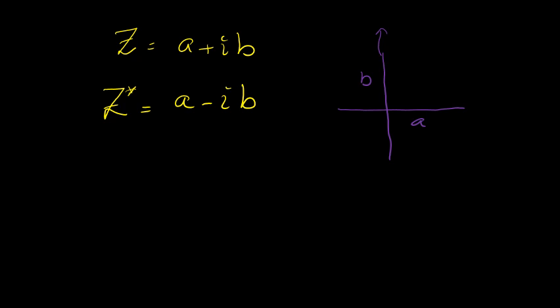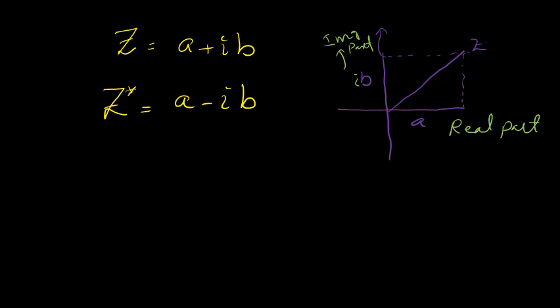The projection on the x-axis is the real part, and the projection on the y-axis is the imaginary part. So graphically we can represent the complex number like this. This is the real part, and this, iota b, is the imaginary part.